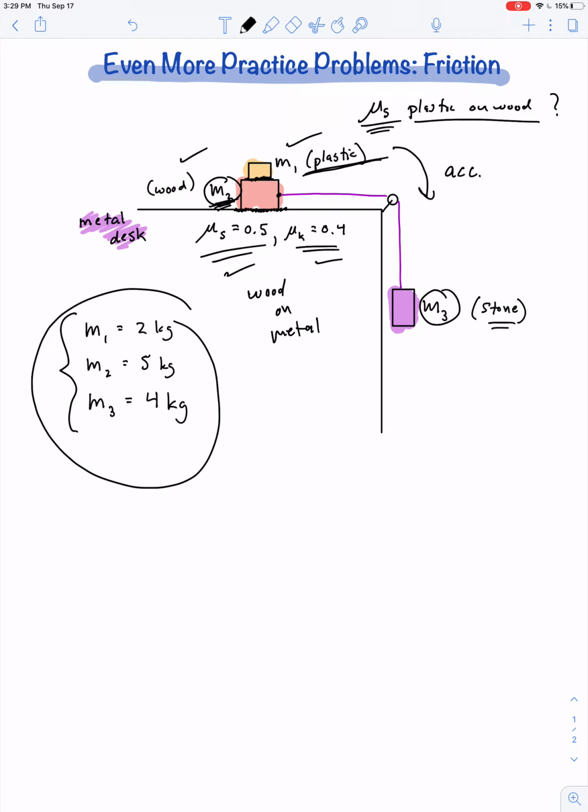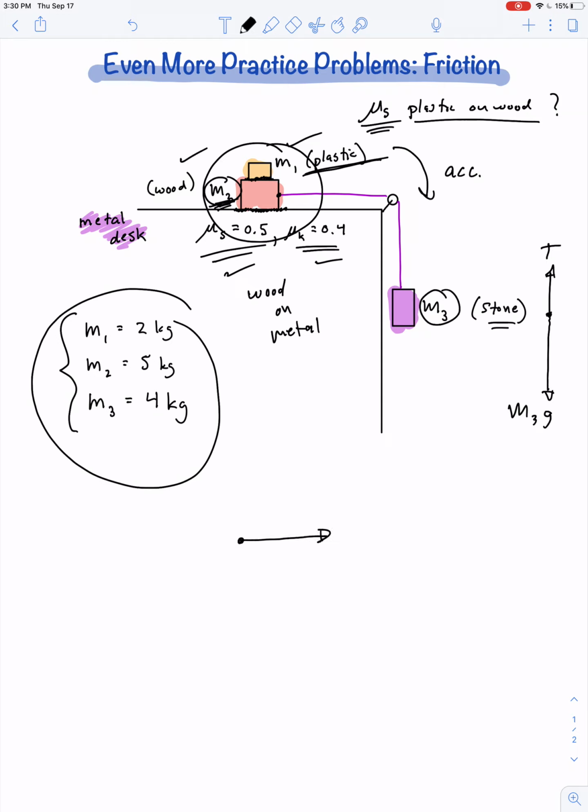Okay, so let's see. We make a free body diagram for the stone. So say this is M3G. There's tension. Let's make a free body diagram for the plastic and the wood together as one object.